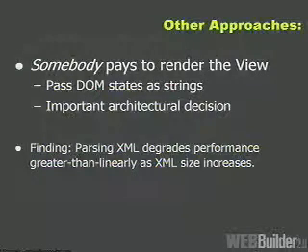It's worth keeping in mind that somebody has to pay the price to render the view. You can either have your server side do it and figure out what the state will be, or you can pass all that data to the client and let the client decide what to build. In some cases, it's faster to do a lot of that processing on the server to determine what the state will be, what this message set will be.